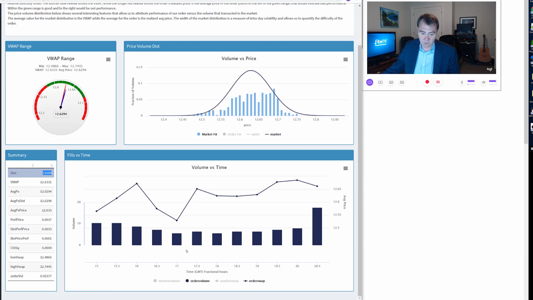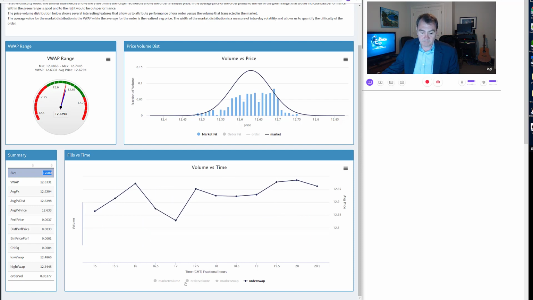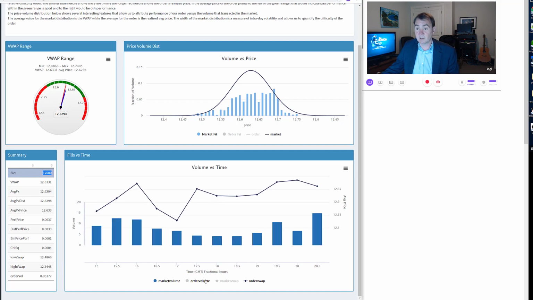Well, what we can do is, instead of computing the dot product of these two time series, the line and the bar, we'll swap the bar chart and we'll use the market volume instead. So what this is saying, this is the average price. If we take the dot product, the number is actually over here.